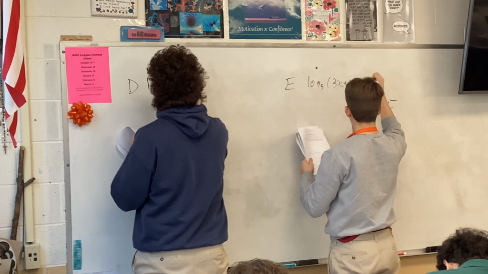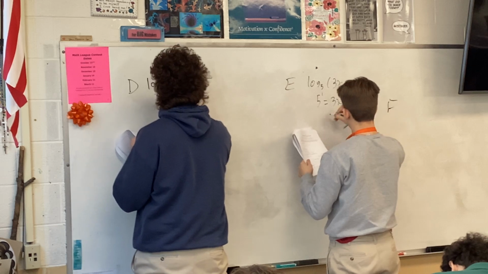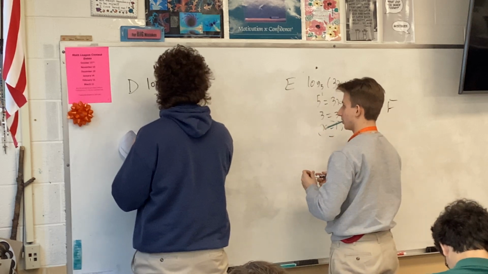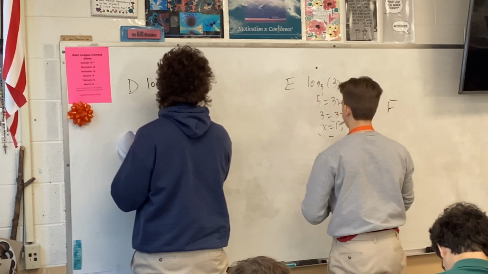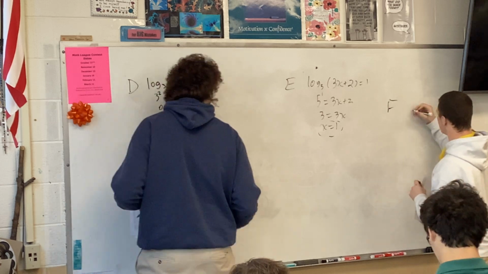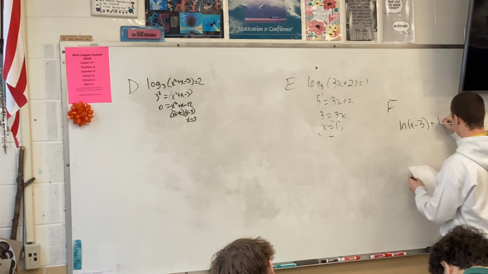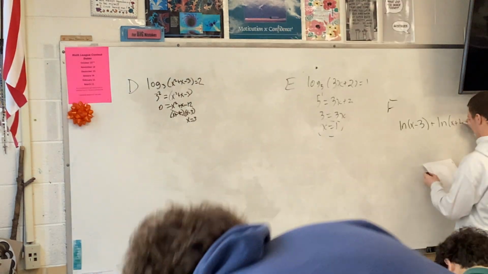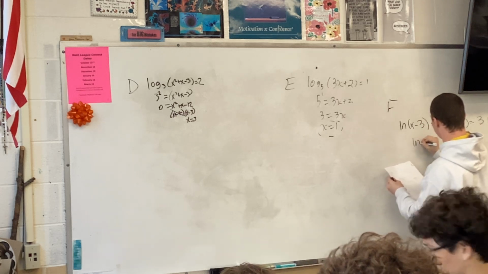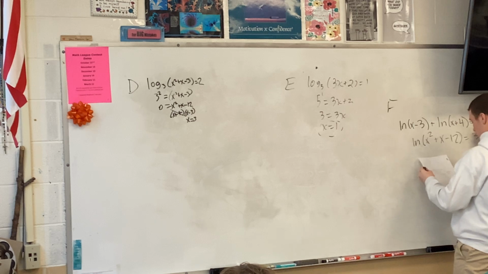Answers, one of them should have been positive and one negative. So we're removing 5 to the x on it.